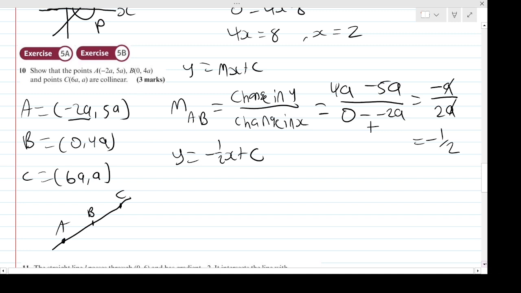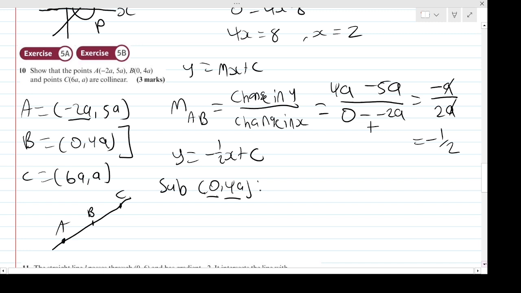Instead, once we've found the gradient, we can substitute a point in. Let's say B, which seems simpler because there's a 0 in it. If I substitute B into this equation of a line for x and y, I can then get an expression for c.